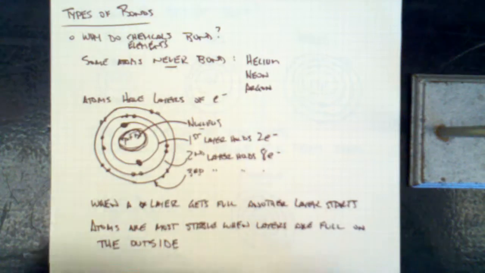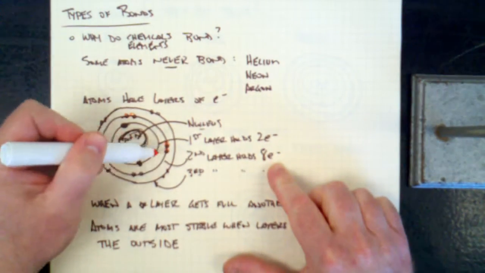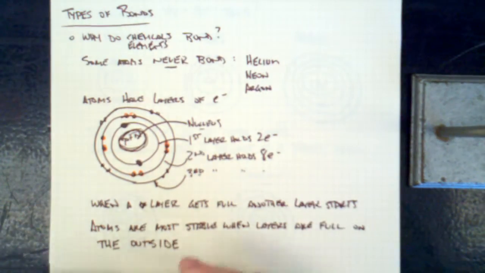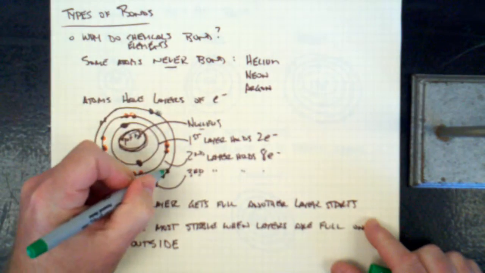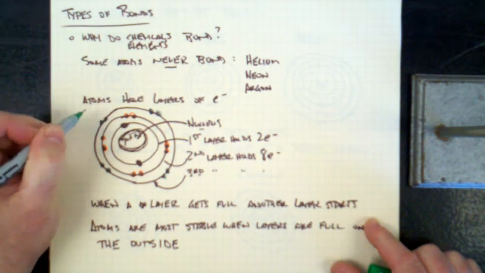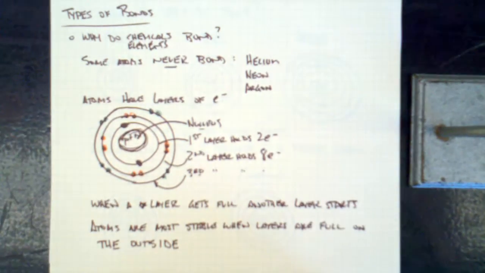In the second layer, we hold 8 electrons: 1, 2, 3, 4, 5, 6, 7, 8. And then in the third layer, we also hold 8 electrons. So all the outside layers hold 8 electrons. The inside one only holds 2.